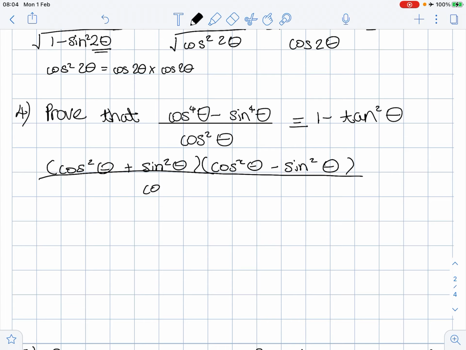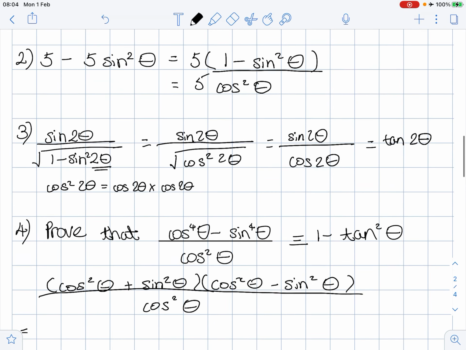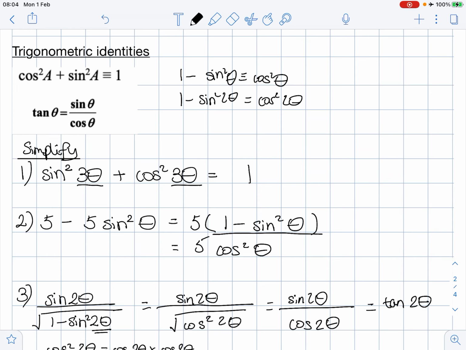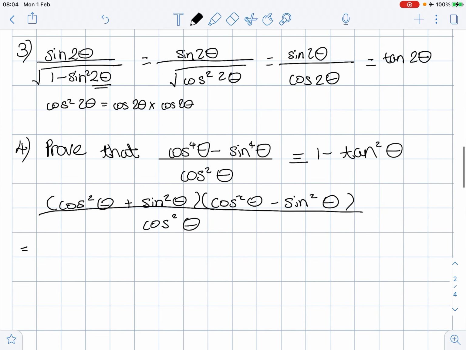And on the bottom, we have cos squared theta. Then we recognize this from our identity. Cos squared theta plus sin squared theta is the same as 1. So this part of the bracket would just equal 1.